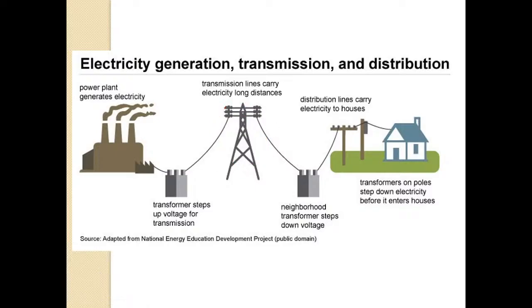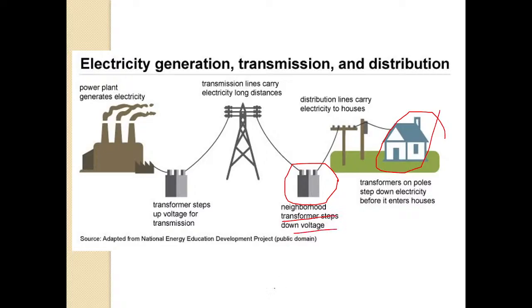When the electrical energy transmitted through the transmission lines reaches nearby to the load sector, load means here you can see a house, there will be substations where the voltage level is stepped down.